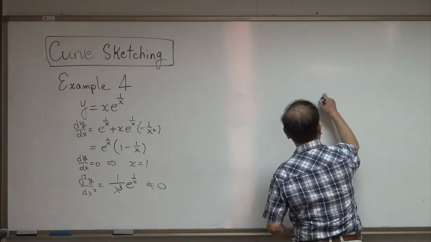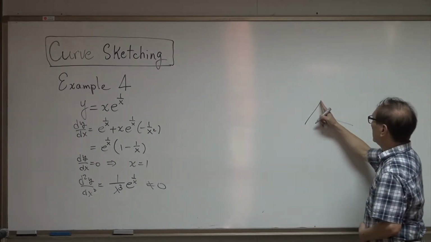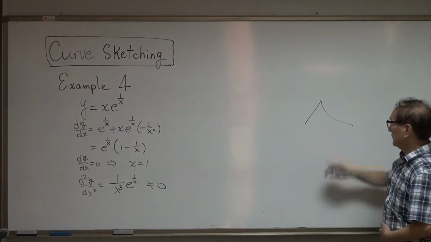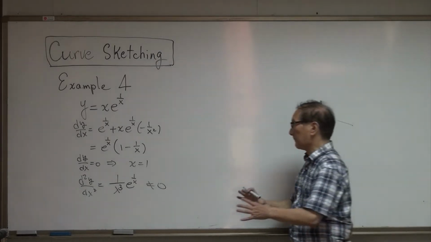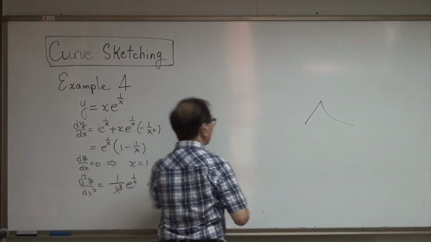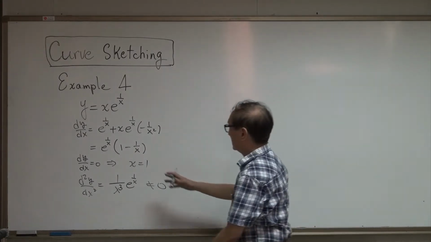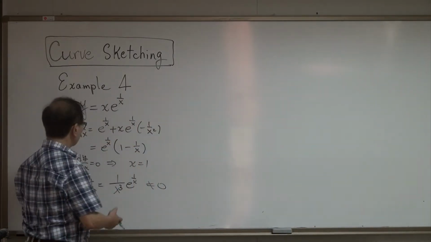Right? For example, see this point. The derivative does not exist, but it's a maximum. So we should discuss those points at which the derivative does not exist. So what are they in these two derivatives?